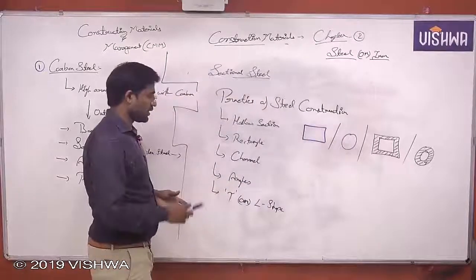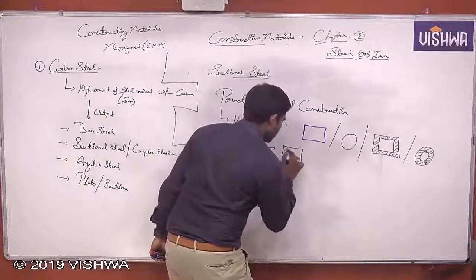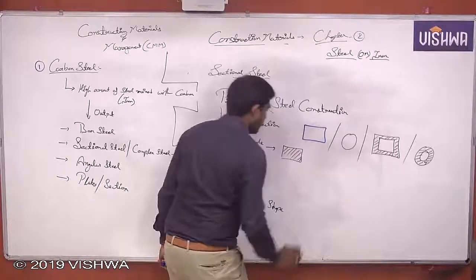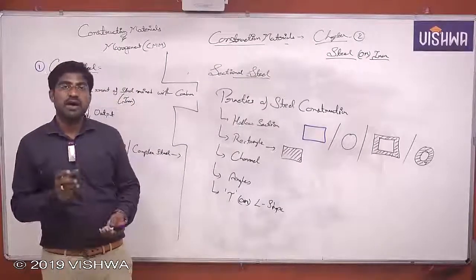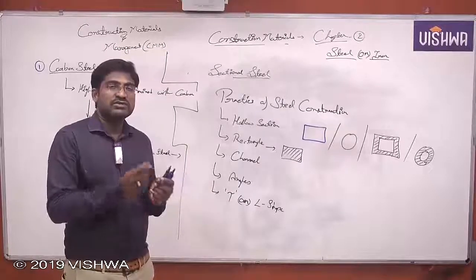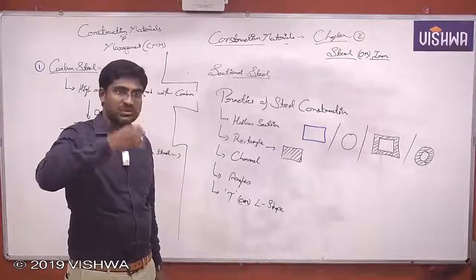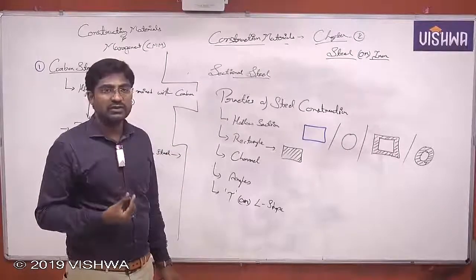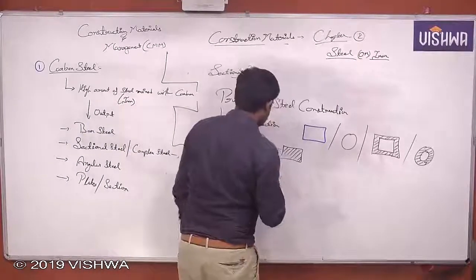Coming to the rectangular bar, in general it is a rectangular solid element. In mass construction, in place of bars we use a rod-shaped element or rectangular bars fixed to your tube, or rectangular plates are also used.